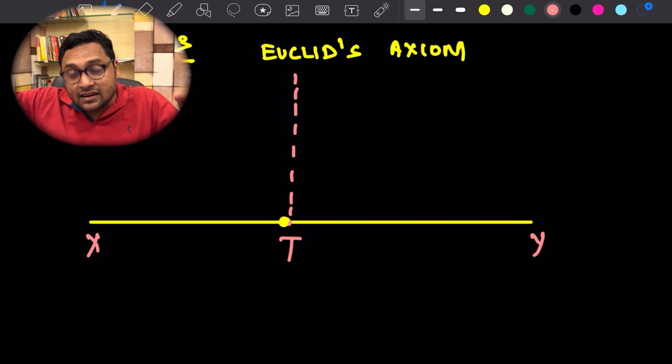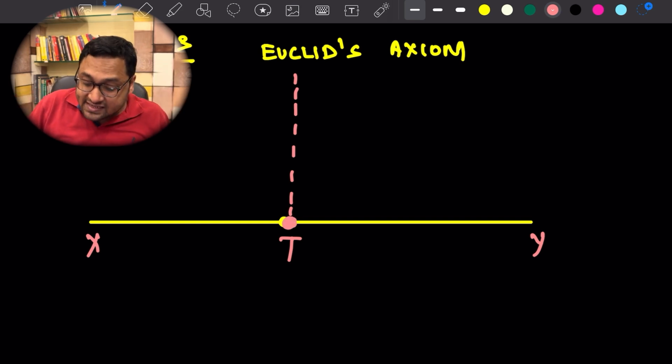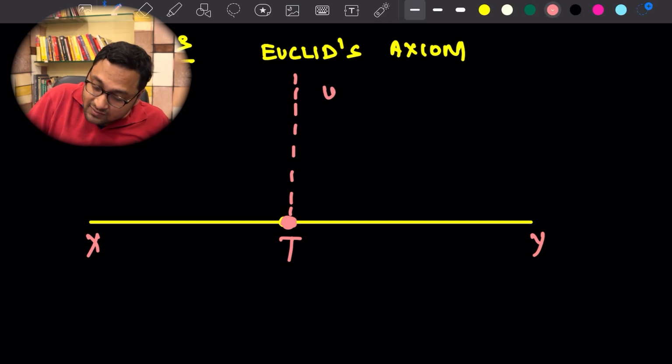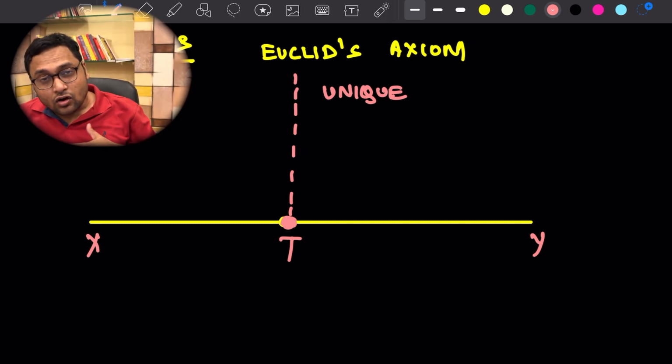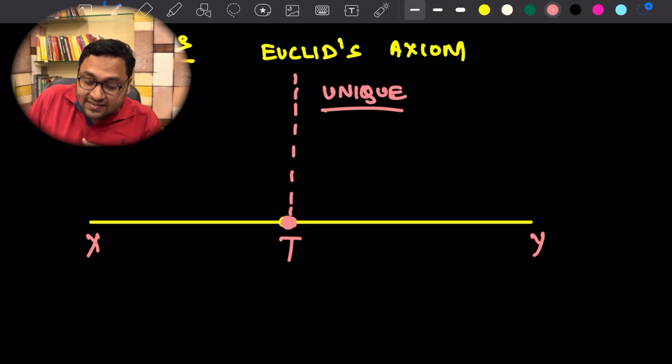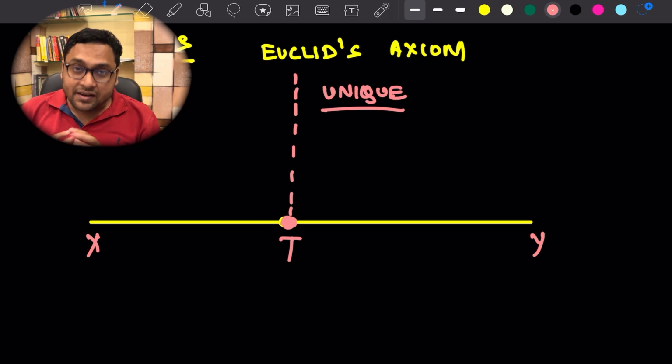Given a line, given a point T on the line, there is a unique perpendicular passing through T and perpendicular to XY. There exists a unique perpendicular line.